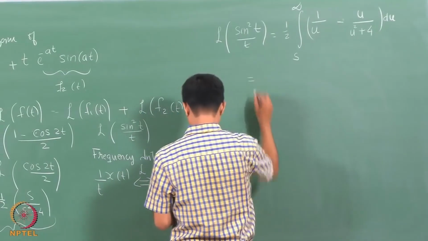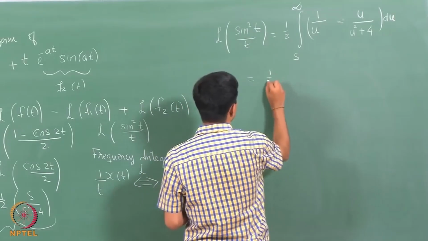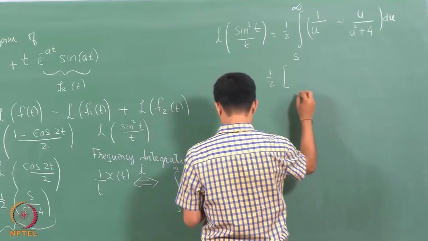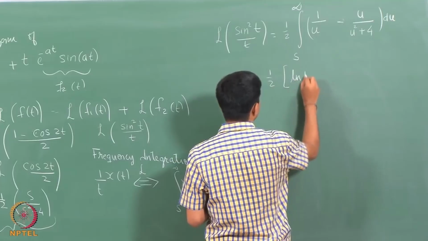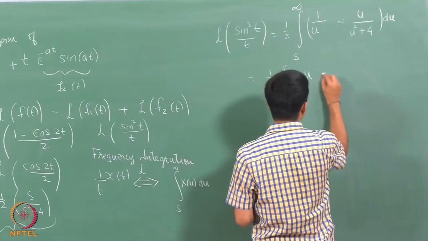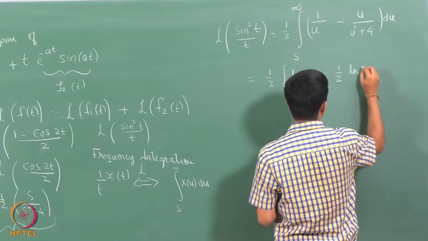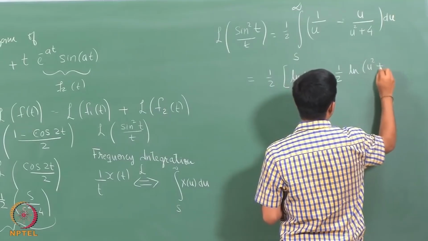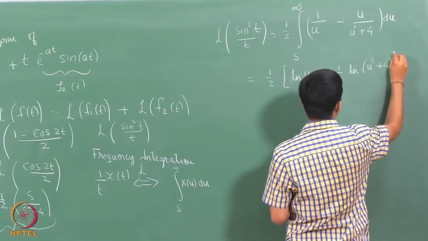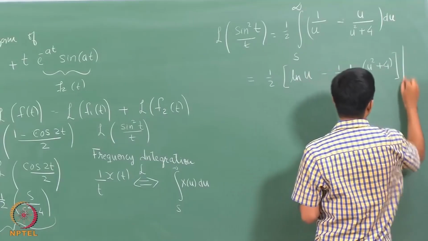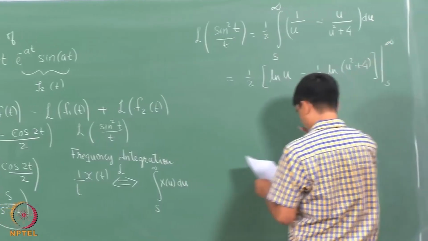So, what would this be? It would be half of log u minus half log of u square plus 4, and everything going from s to infinity.